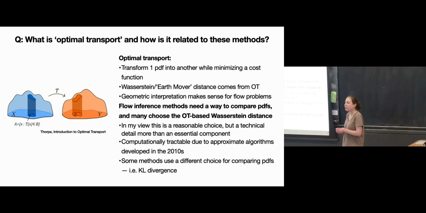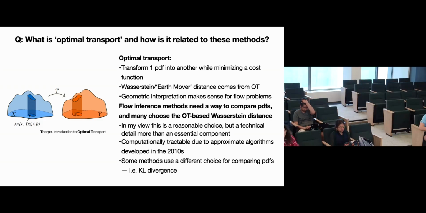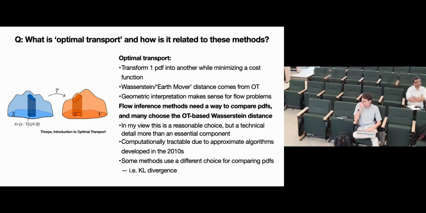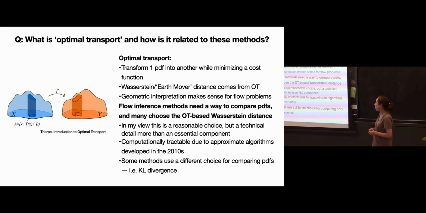A number of these methods have optimal transport in the name. So what is optimal transport? It is essentially the mathematical problem of how you transform one PDF into another while minimizing a specific cost function.